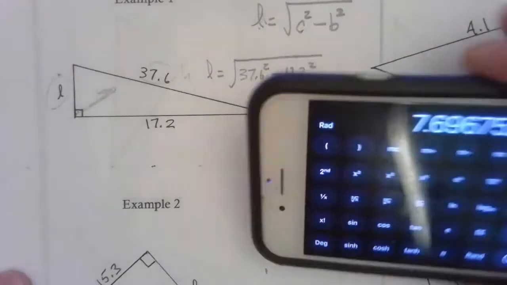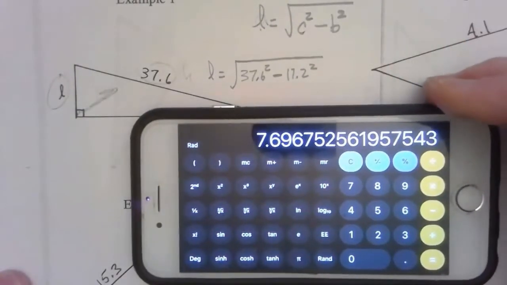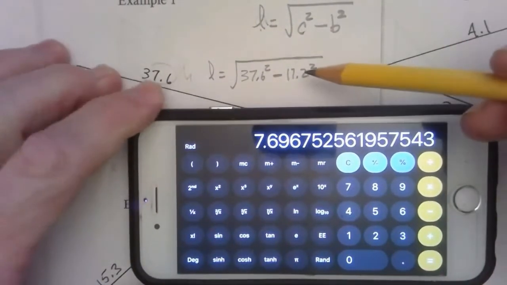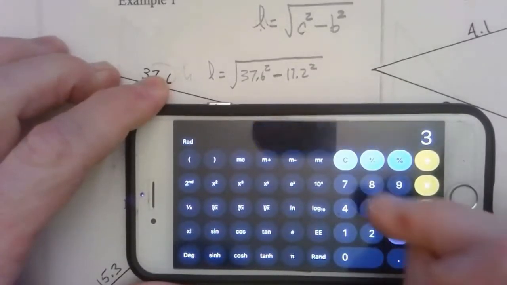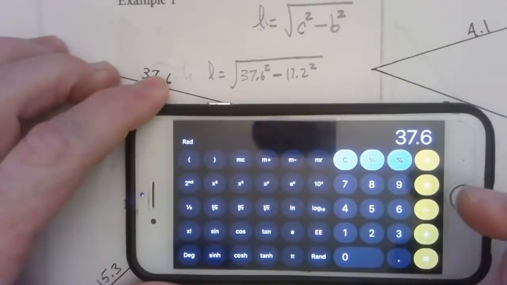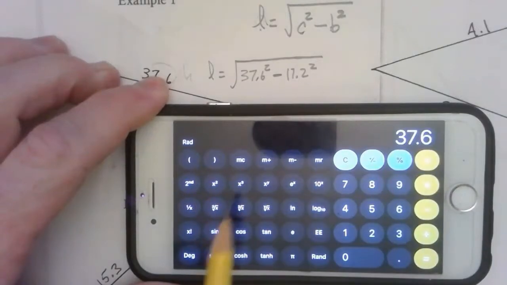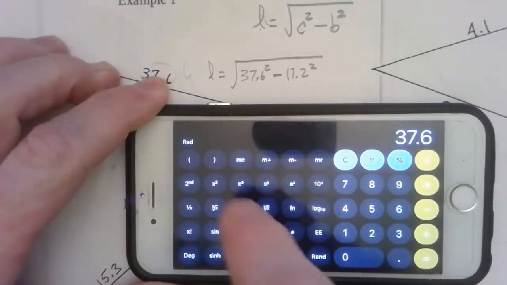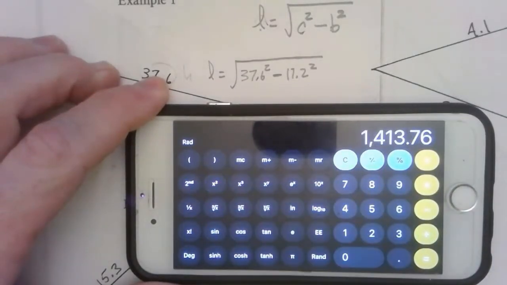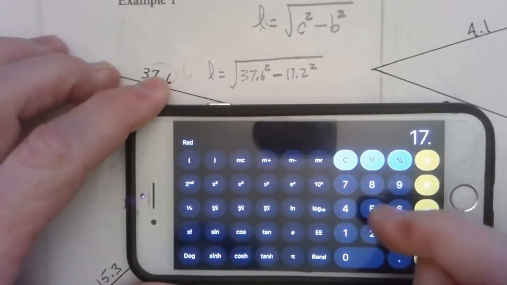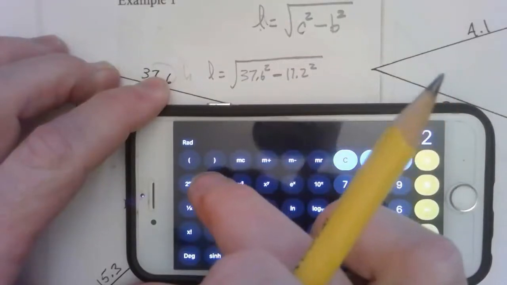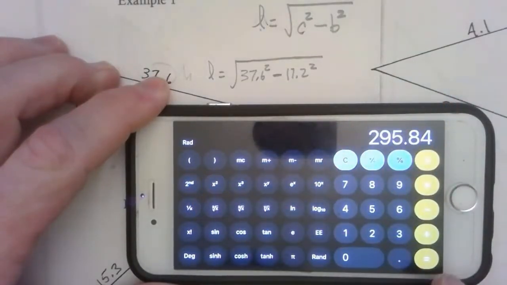So, just work this through in the calculator. Take our time. 37.6 squared, remember that's this button right there, minus 17.2 squared. Don't forget to hit equals.